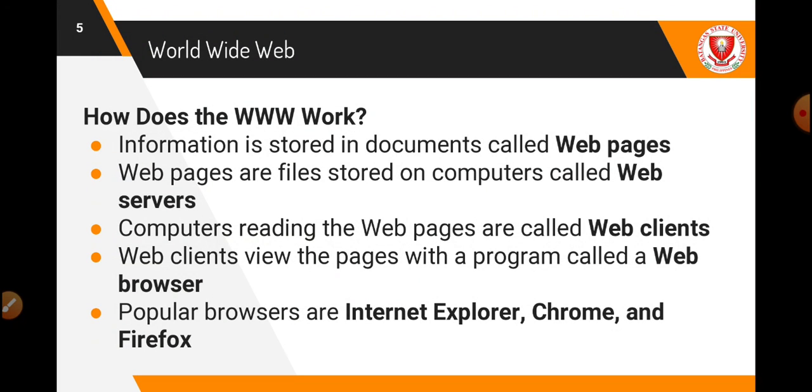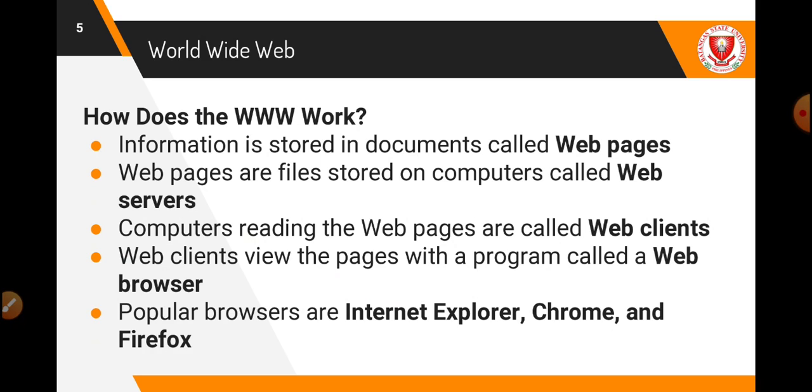Here we have how the triple W works. Information is stored in documents called web pages. That is what we see in our web browsers. Web pages are files stored on computers called web servers. The computers reading the web pages are called web clients.